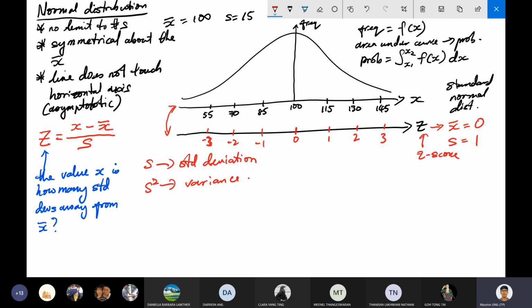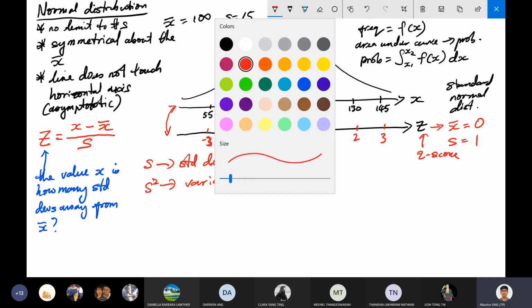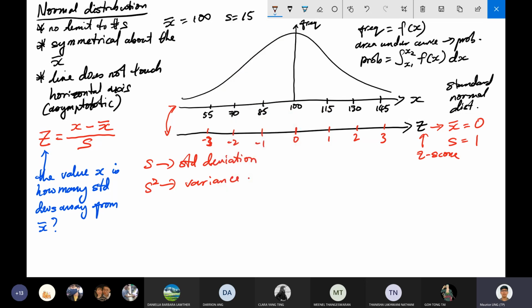Now, let's say if we give you a simple idea, in fact, I can give you an example. Let me just use a different color. Okay, this one.